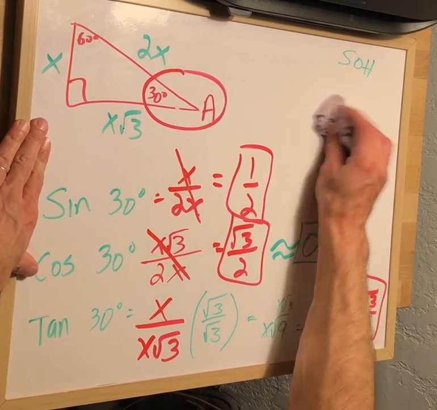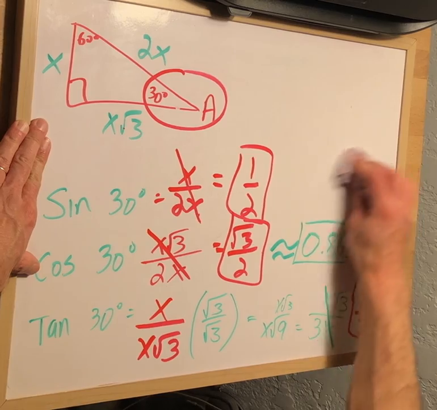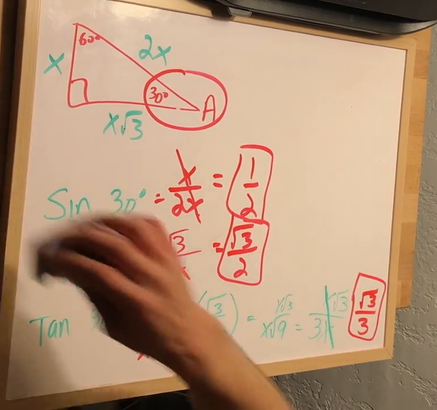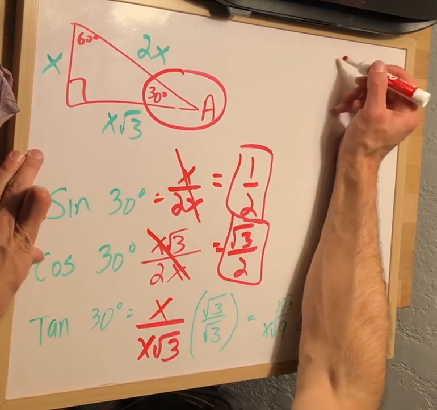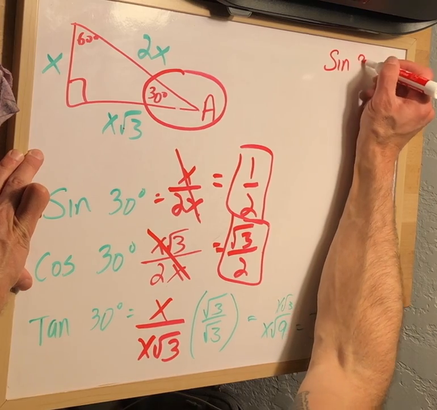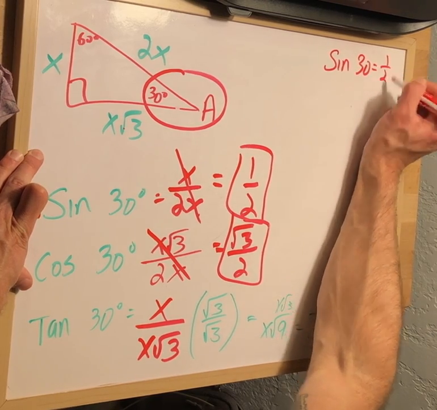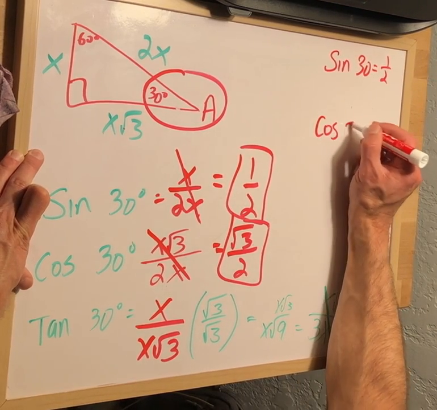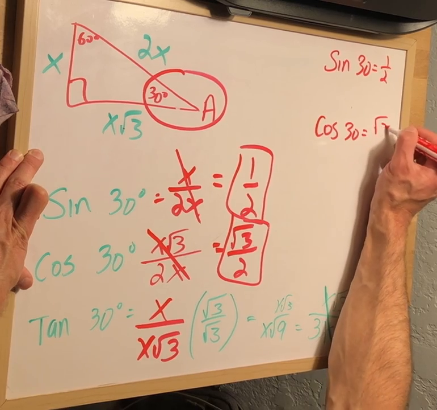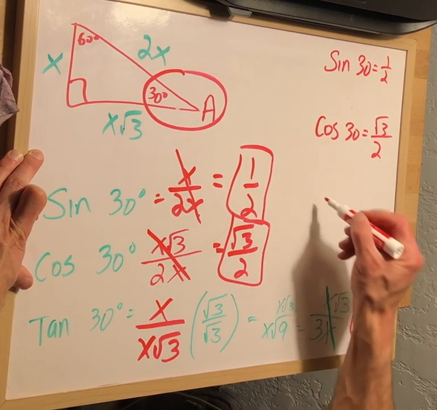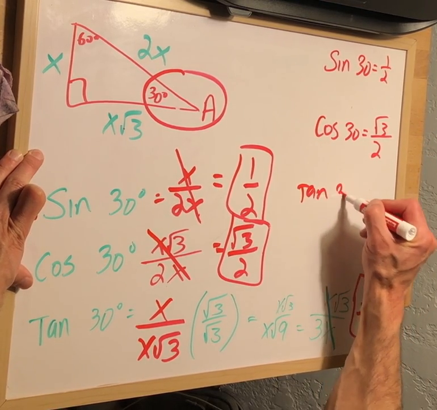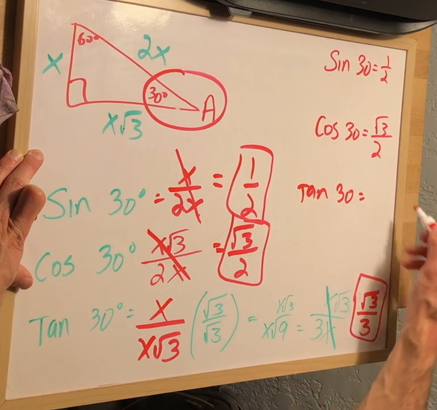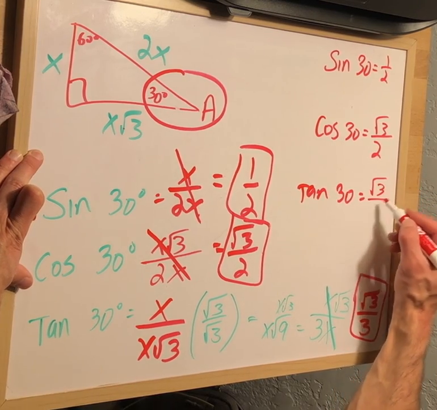So what I'm going to do is write this up here. Sine of 30 degrees is always equal to 1/2. Cosine of 30 degrees is always equal to root 3 over 2. Tangent of 30 degrees is always equal to root 3 over 3.